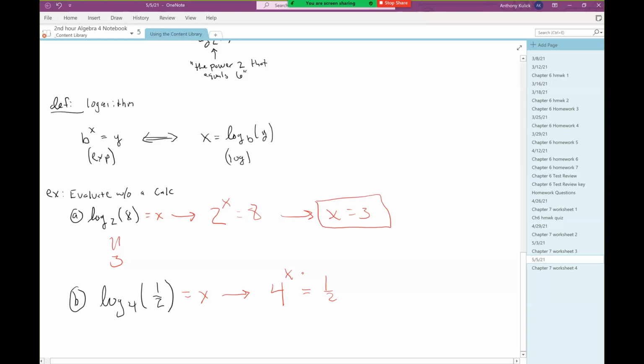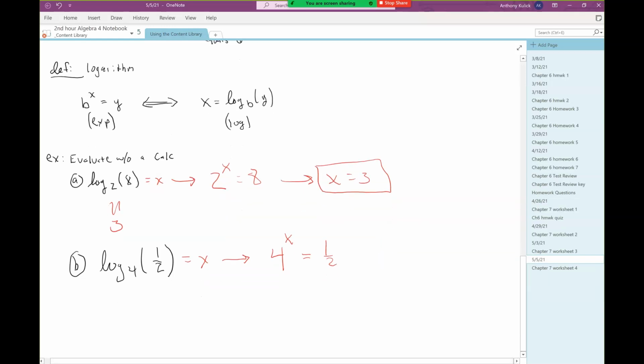And oh boy, that still doesn't help me a whole lot. Here's the trick: I'm going to try to rewrite 4 and 1/2 so that they have the same exponent base. I notice 4 is a power of 2, and 1/2 is also a power of 2.